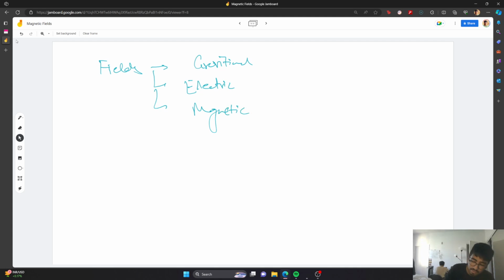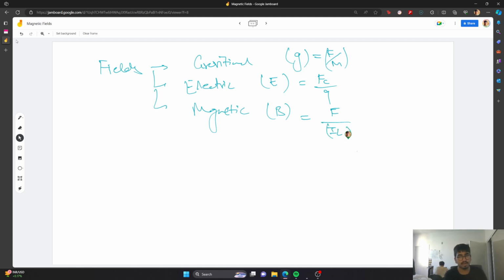These are represented by electric field E, magnetic field B, and little g, which is acceleration due to gravity, represented by F by m. The electric field is represented by F coulomb by Q, and the magnetic field by the force calculated for a current carrying conductor, by I into L, in a way. So all of them are defined in a similar way.